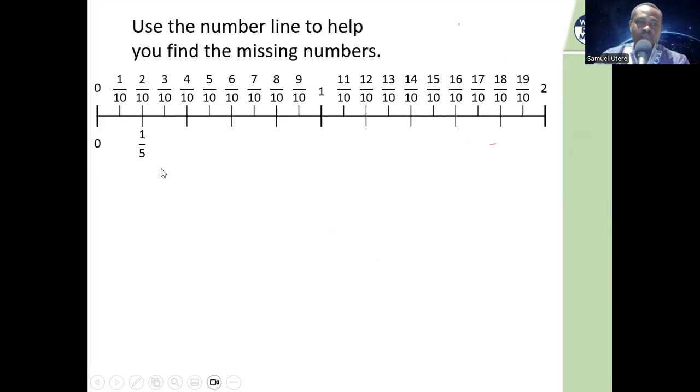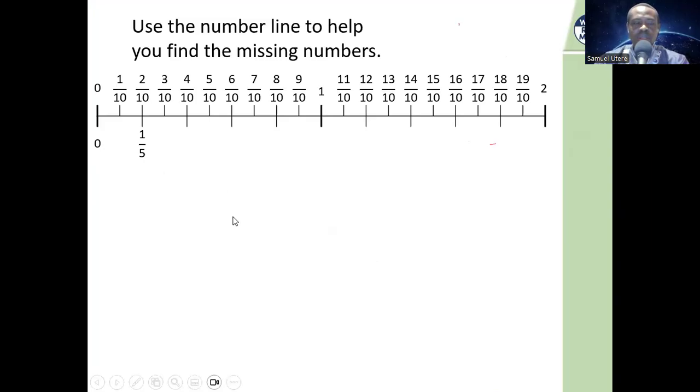That is one way of doing it, but you should also know that 2/10 using our 100 squares is the same thing as 20 hundredths, right? And remember that the fifths split the 100 squares into 20s, all right? So that is definitely 1/5.